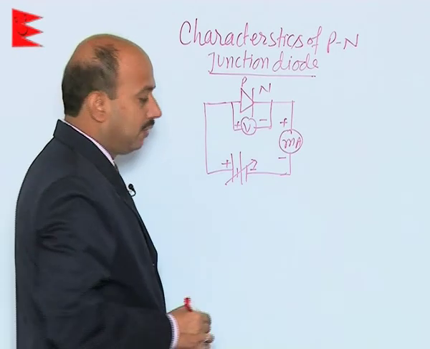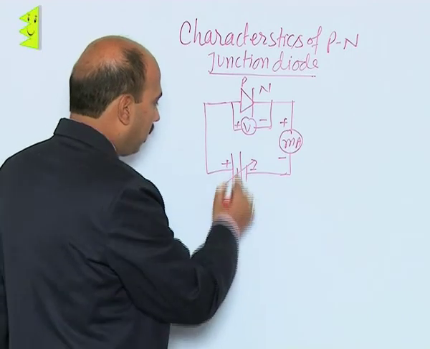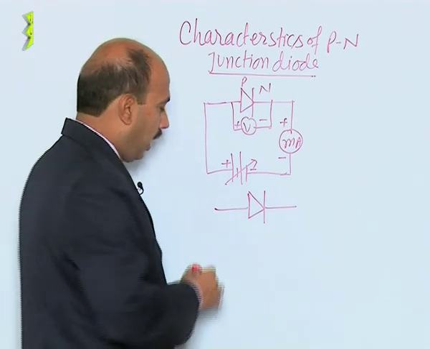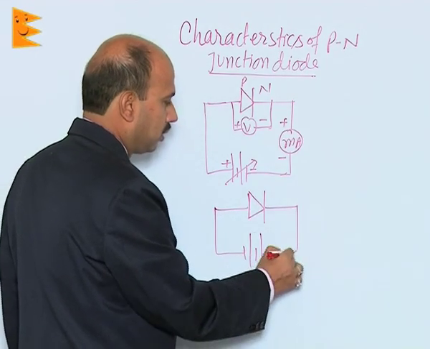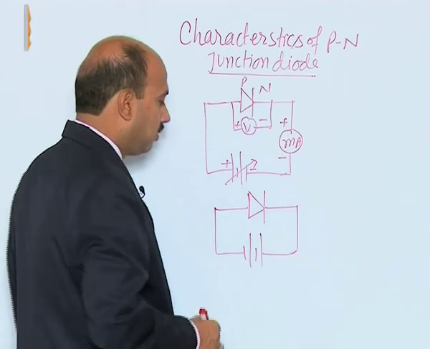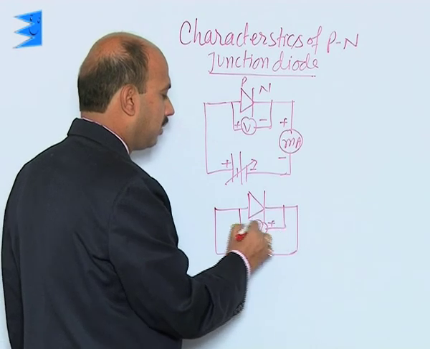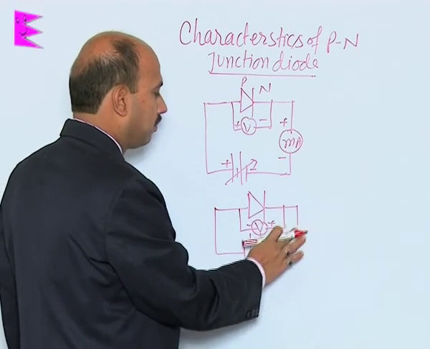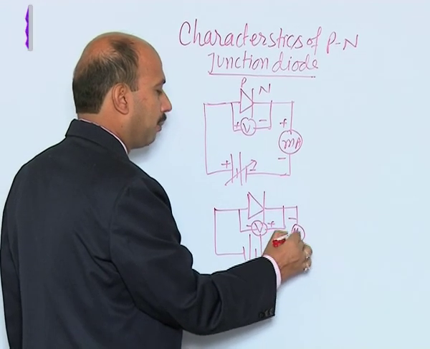Now, if you look at the reverse biasing of the diode, we take the PN junction diode like this, and here we connect the negative terminal of the battery. In this case, we connect a voltmeter again, with plus and minus, and this is a microammeter.